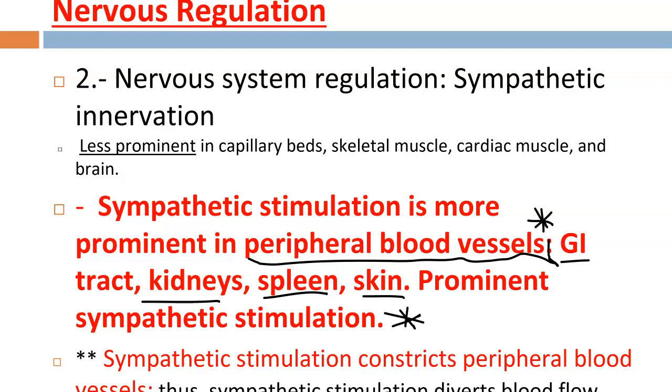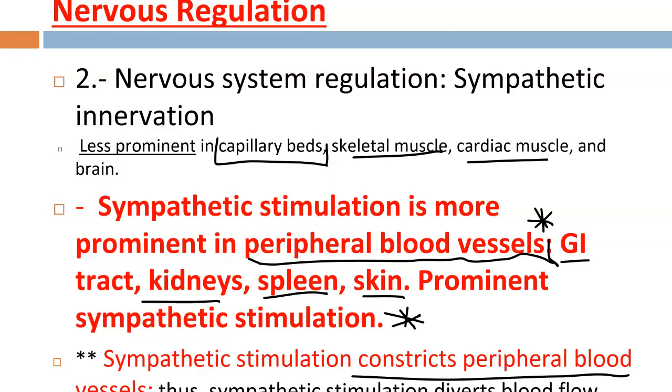Sympathetic stimulation will be prominent in peripheral blood vessels. Sympathetic stimulation has very little to do with capillary beds, skeletal muscle, cardiac muscle, and brain. We mentioned that. Sympathetic stimulation is going to constrict peripheral blood vessels. We have mentioned that in the past. Sympathetic stimulation is going to innervate the smooth muscle in the tunica media of peripheral blood vessels and cause the muscle to constrict, causing vasoconstriction of the blood vessels.